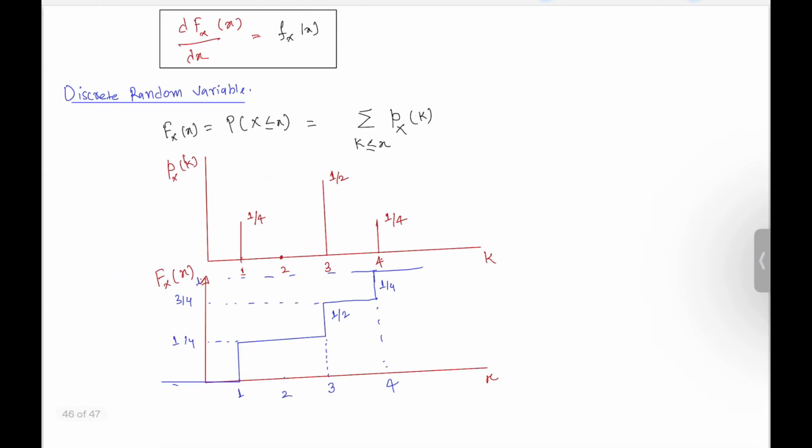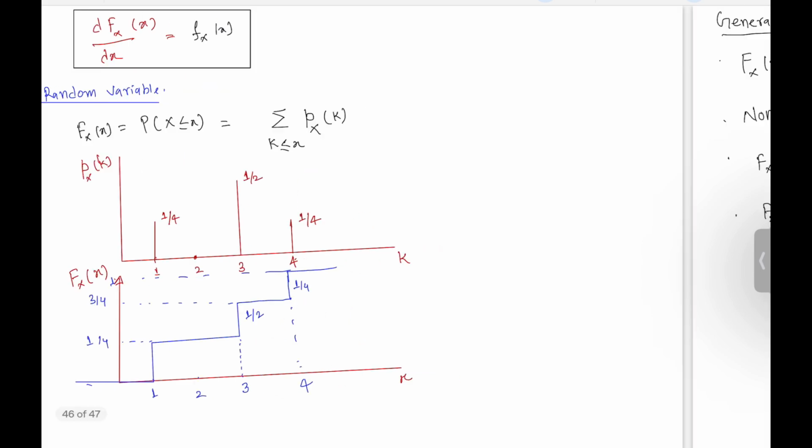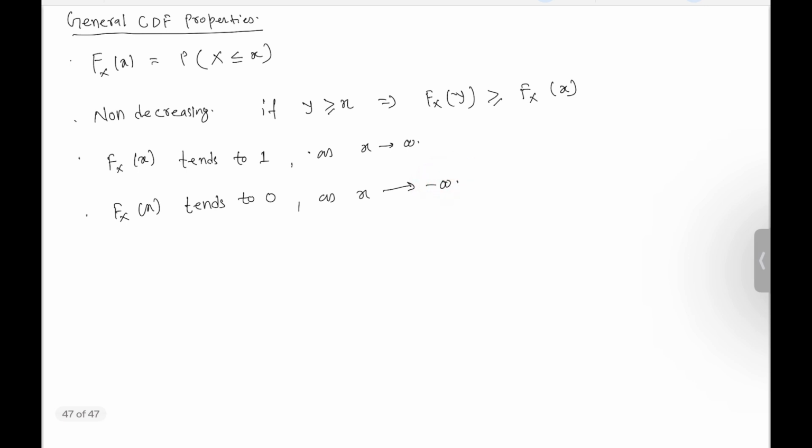It means that if you go to the leftmost point, maybe there will be no probabilities in the vicinity of minus infinity, so you will be accumulating none of the probabilities, right? So that is why this will tend to 0. So the value of the CDF will belong somewhere between 0 and 1.